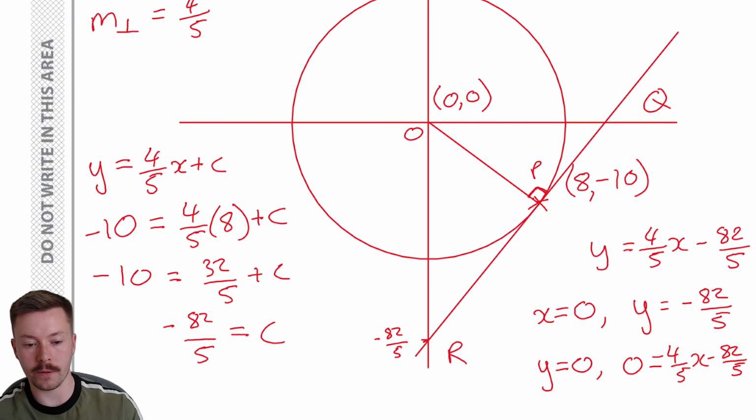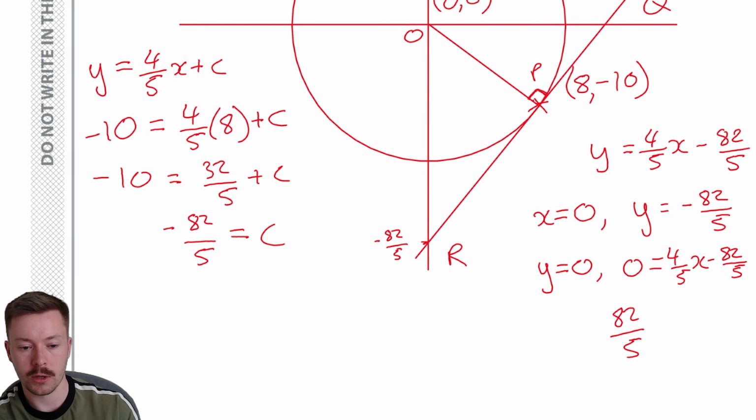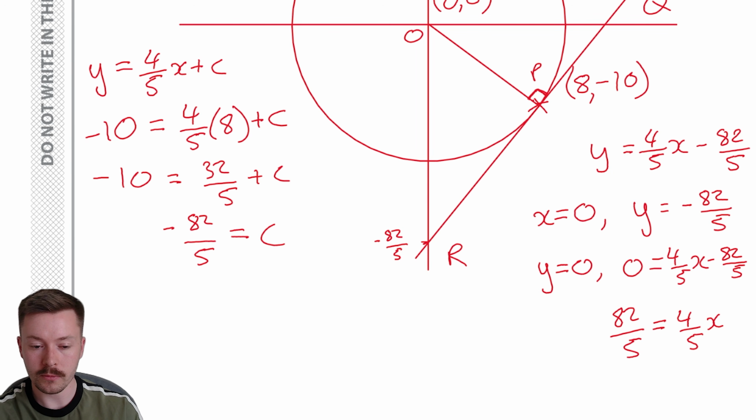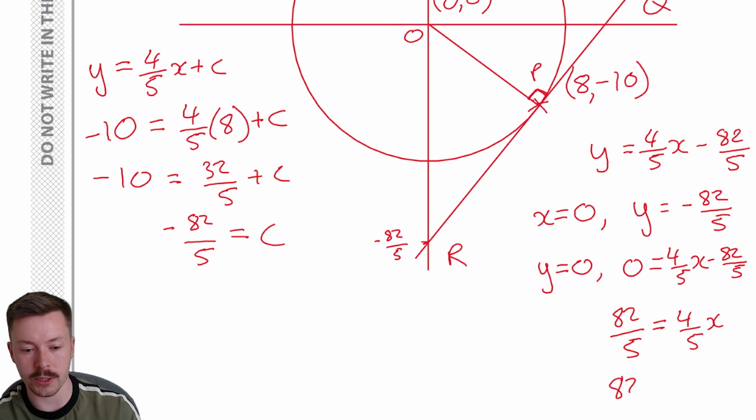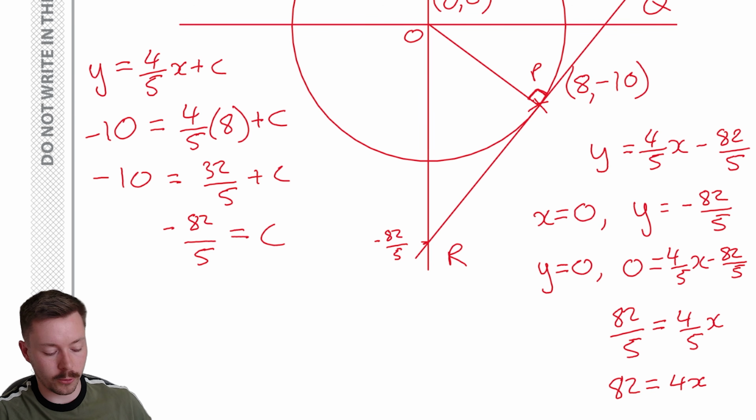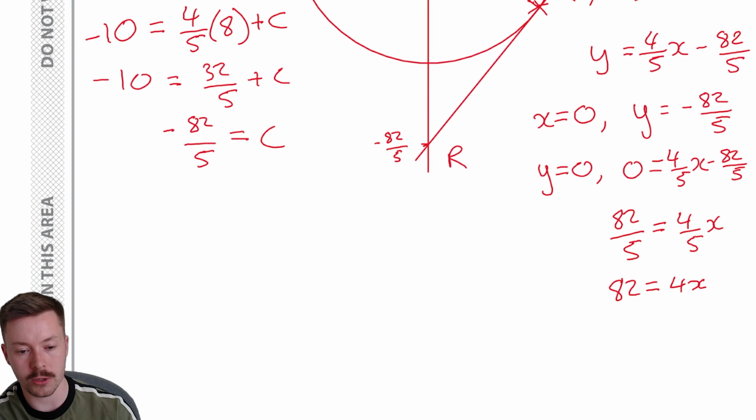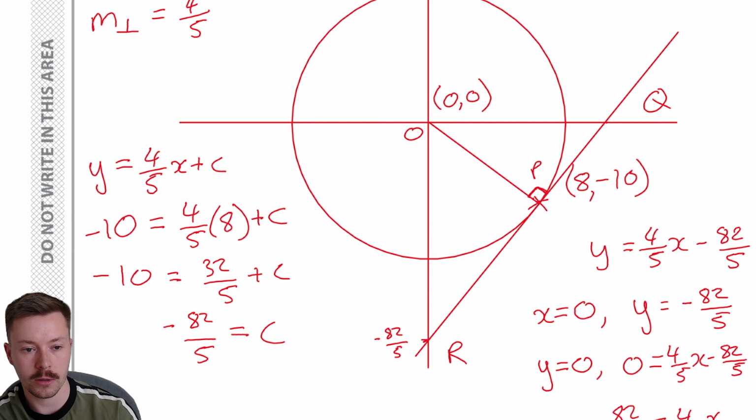Add the 82 over 5 to both sides. 82 over 5 is equal to 4/5 x. Times both sides by 5, we get 82 is equal to 4x. Divide both sides by 4. 82 divided by 4 is 20.5. So we get that x is equal to 20.5. Go back up here. This is 20.5.